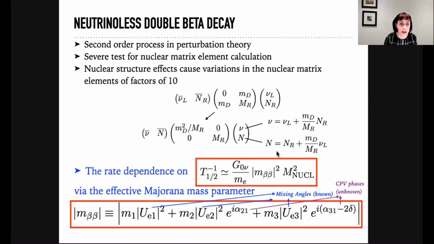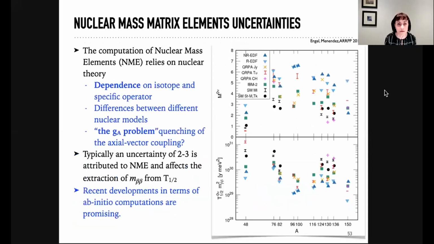We introduce the double beta decay mass, as well as a nuclear matrix element. This introduces a different set of variables and a different set of uncertainties, because we need to know from nuclear theory the value of this nuclear matrix element. So nuclear physics is extremely fundamental.